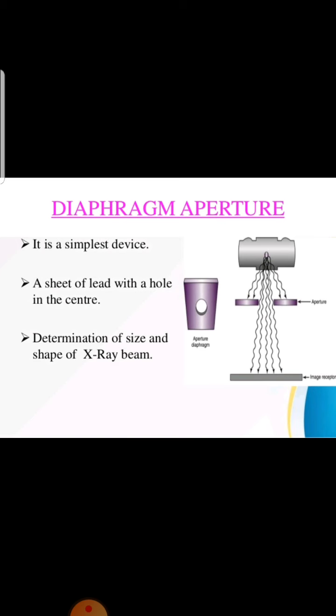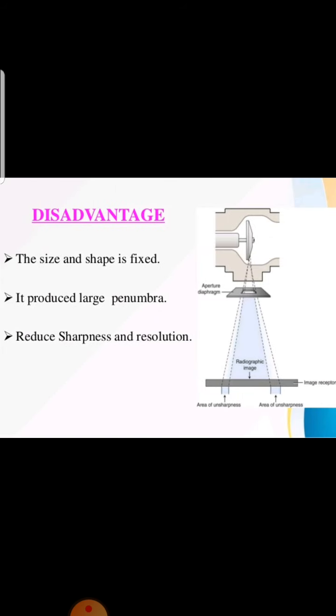There are disadvantages associated with the use of the diaphragm aperture as well. But before that, as I have told you, it has various clinical applications. We use the aperture diaphragm for trauma radiography, and the typical trauma system has a fixed source to image receptor distance.